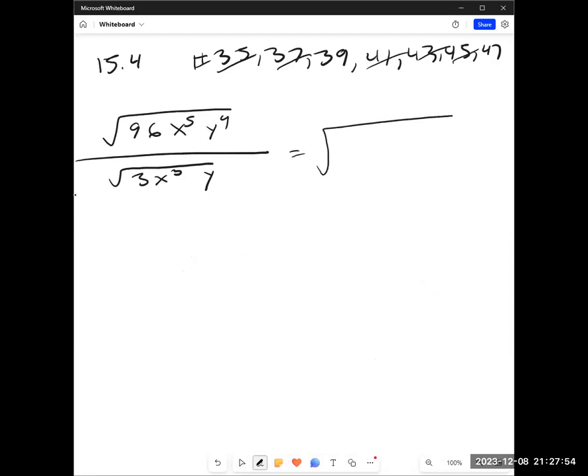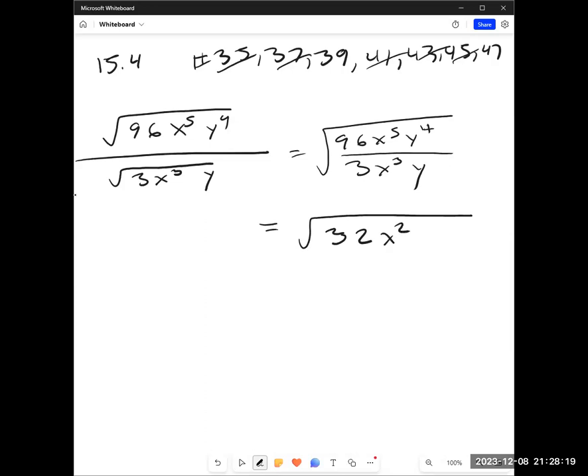It's going to be the big square root of 96x to the 5th y to the 4th over 3x to the 3rd y. So 96 divided by 3 is 32. 5 minus 3 is 2. 4 minus 1 is 3.